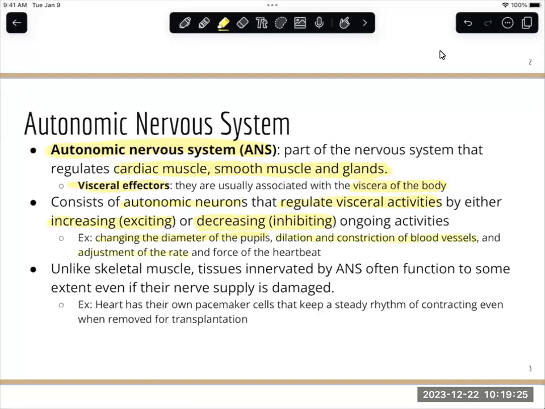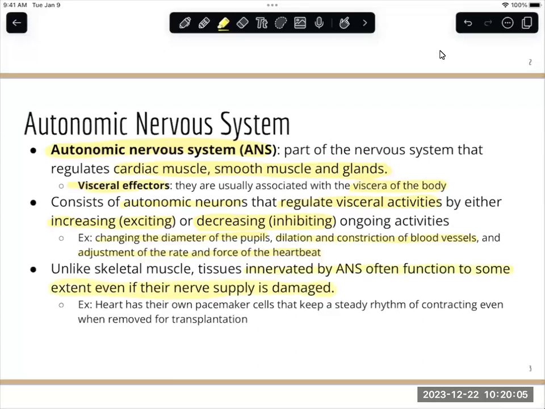That autonomic nervous system will also regulate the rate of your heart. It can speed it up, it can slow it down, and the force of that contraction. How much is that heart pushing that blood out of the heart? The difference between this autonomic nervous system and your skeletal muscles: something that is innervated by the autonomic nervous system will function even if its nerve supply is damaged.